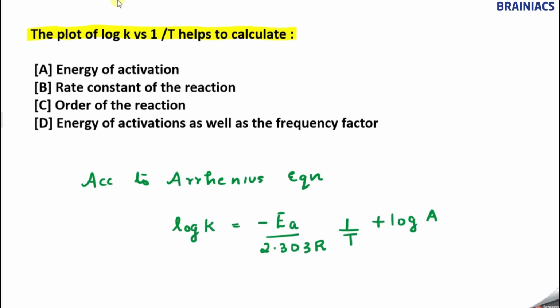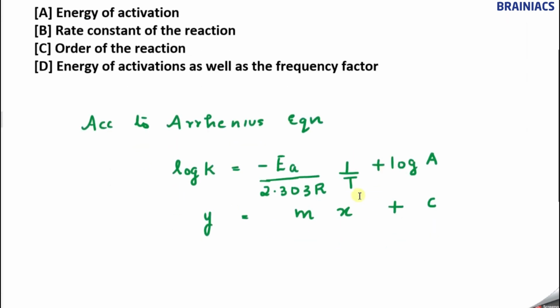Remember? Now, listen here. We know that this is similar to y is equal to mx plus c. I have described this in our theory session. Please remember, recollect it.